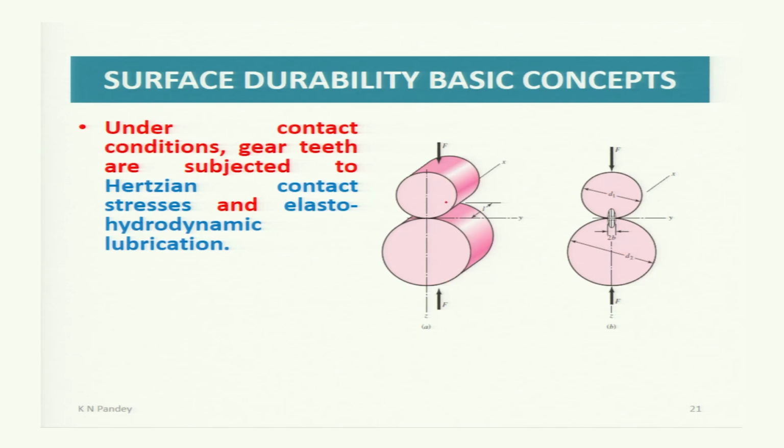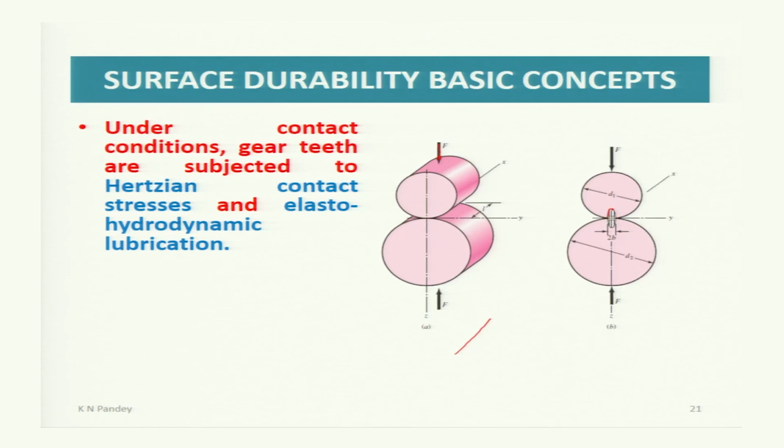The first cylinder is having diameter d1, the bottom one is having diameter d2, and the length of the cylinder is L. Now, initially when there is no load, there will be a line contact between these two cylinders. Now, when a load is applied, due to very small contact area, that is only a line, very high contact stresses develop at the vicinity of the contact, and those are shown here.